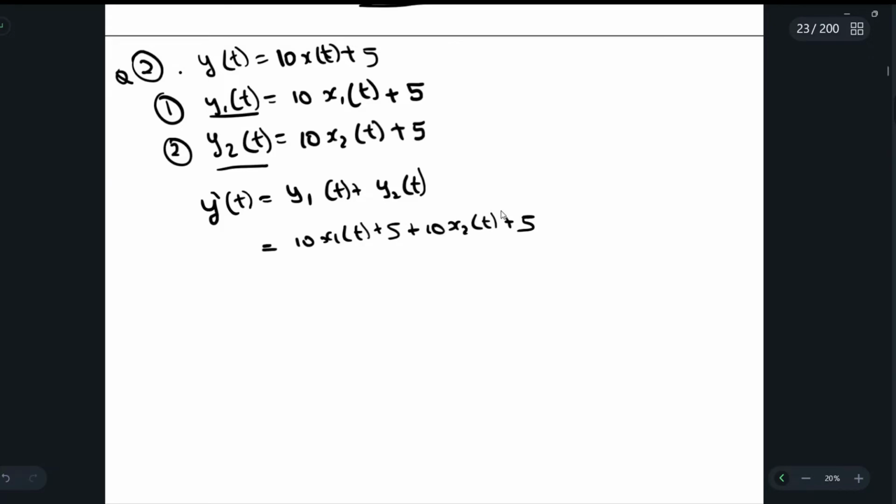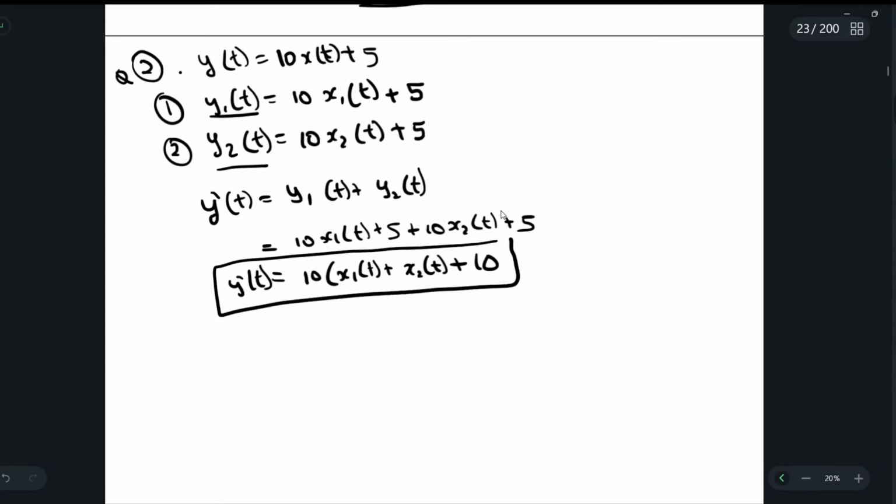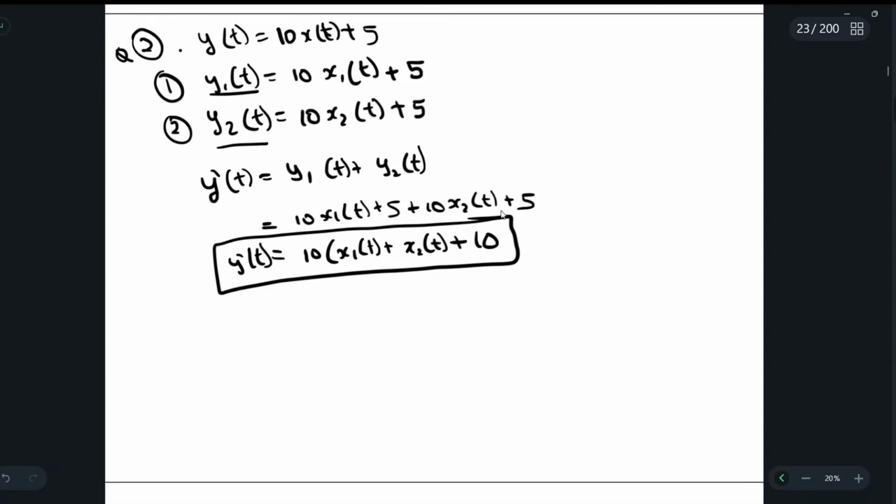And on summing that, we will take 10 common from x1t and x2t, and we will simply add both the 5s, and from there we will get 10. So this is our y dash t. And now similarly, this was our third step. Now we will see the fourth step.